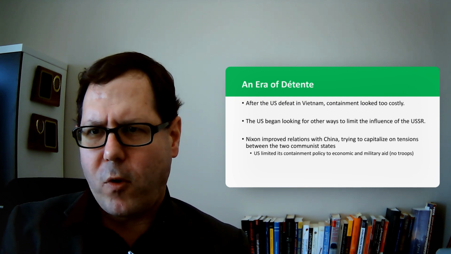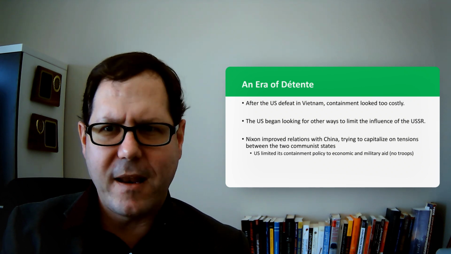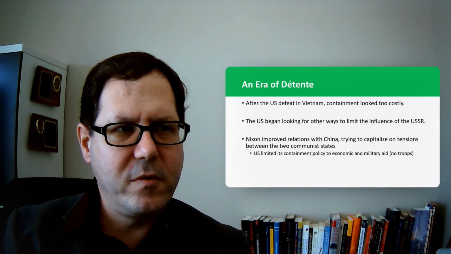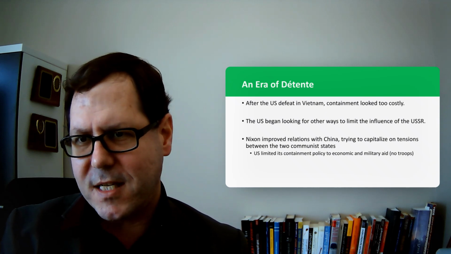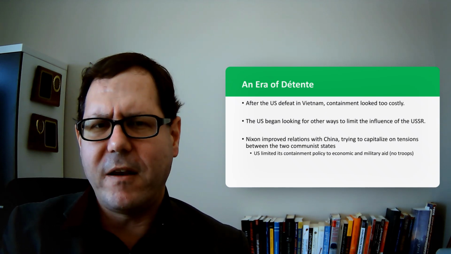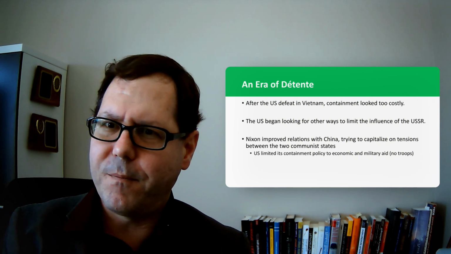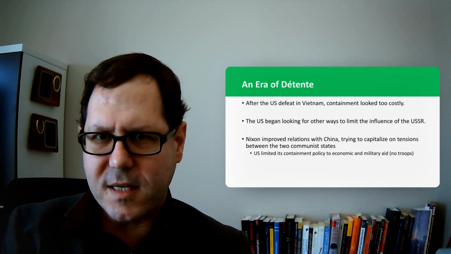But the United States ends up pouring a decade's worth of effort and 50,000 plus American lives and trillions of dollars into trying to stop the Soviet Union's perceived influence in Vietnam. And it ends up being really unsustainable.